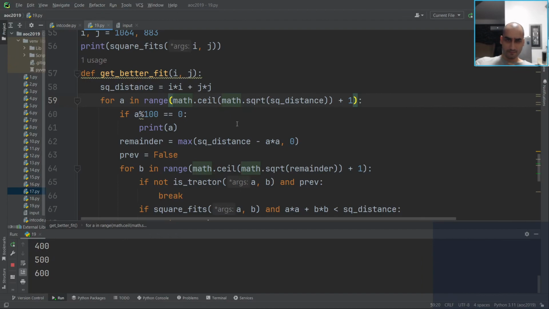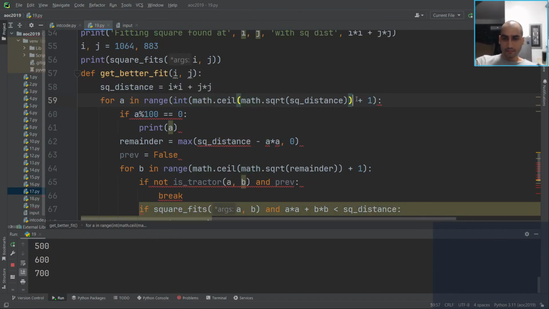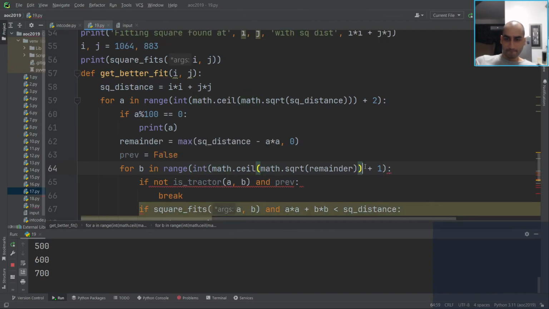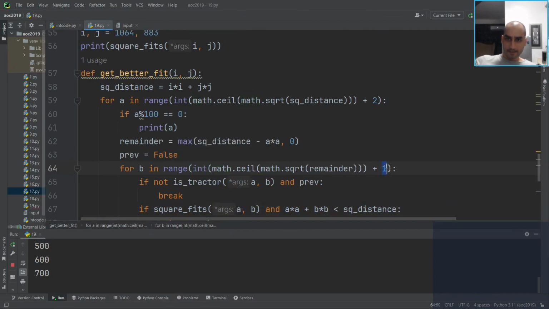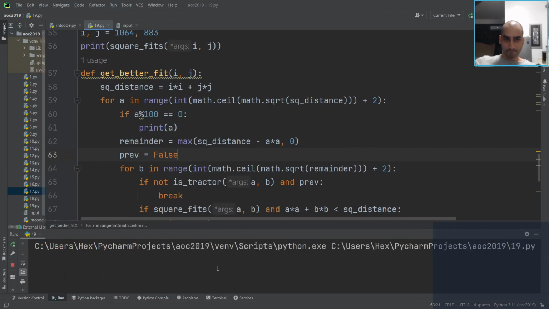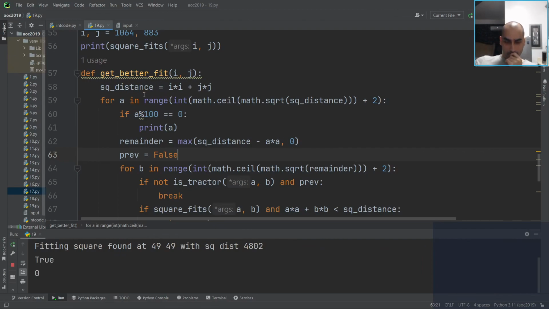Can we just int of that? Also +2 just in case. I don't know what exactly is the right place. Int of that. +2 just to be extra safe. Alright, try that. I don't know. So a up to that.